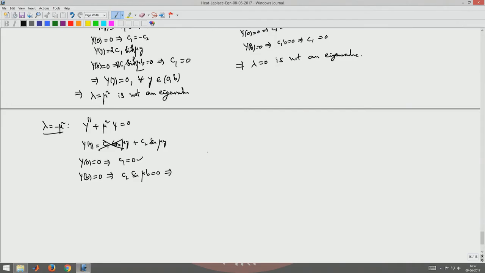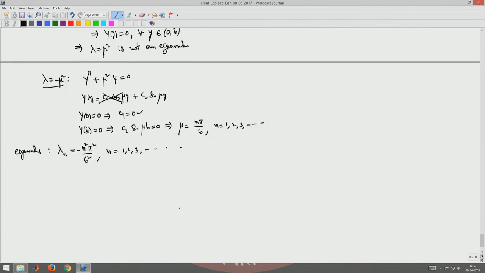So sin mu b is 0, that gives me mu as n pi by b. So n is running from 1 onwards because mu is always positive. So your eigenvalues are lambda n equal to minus n square pi square by b square, n is from 1 onwards.